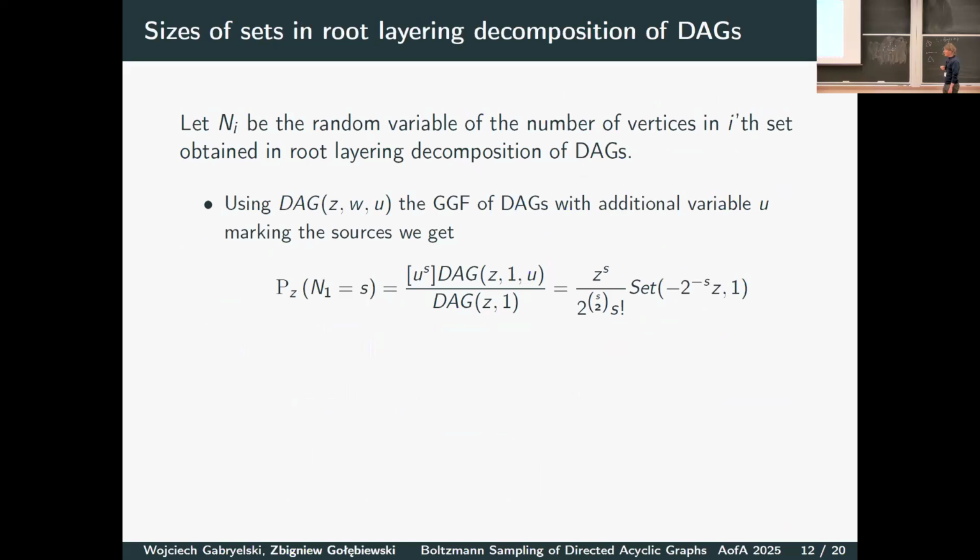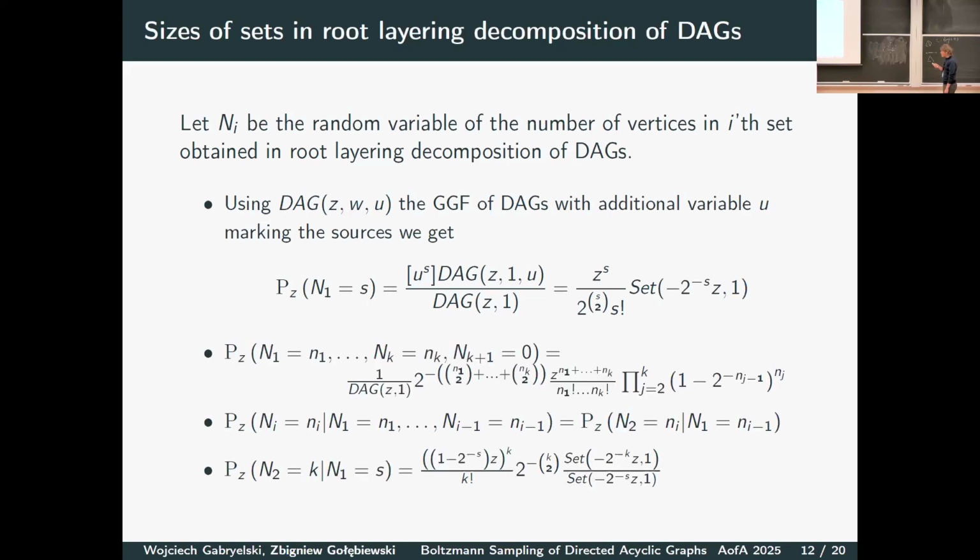So when we start working with all the formulas for directed acyclic graphs and also for the Boltzmann model, we could end up with the probability that the first set of disjoint vertices is given by this not so bad formula, I would say.